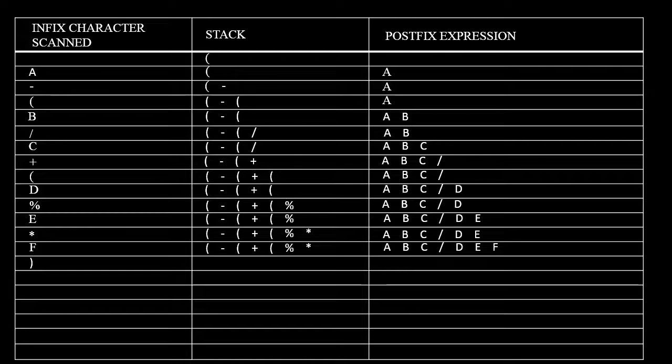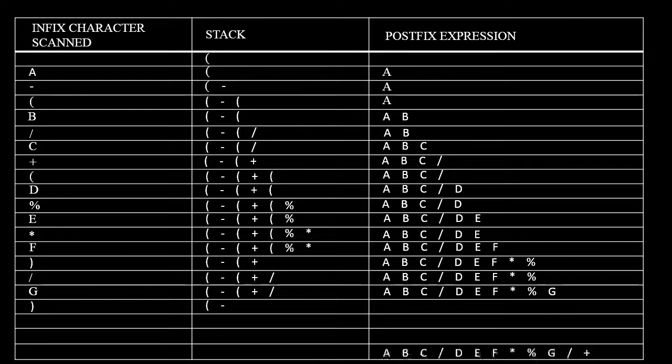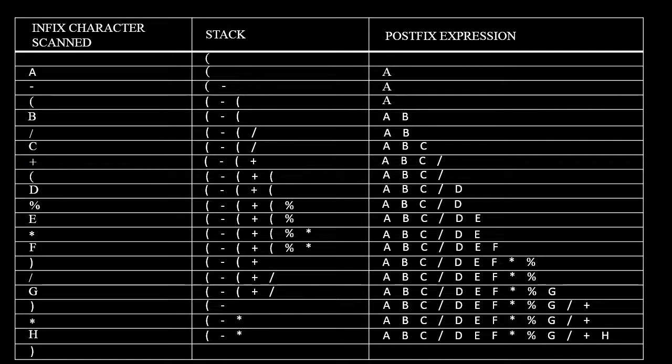Now as after F a round closing bracket is encountered, repeatedly pop from the stack until a round opening bracket is encountered. And then discard the round opening bracket, that is, remove the round opening bracket from the stack and do not add it to the postfix expression. Now by applying the algorithm, we can find the postfix expression.